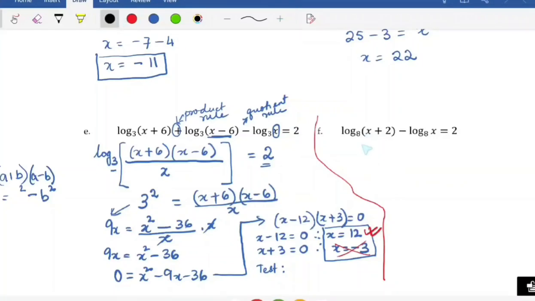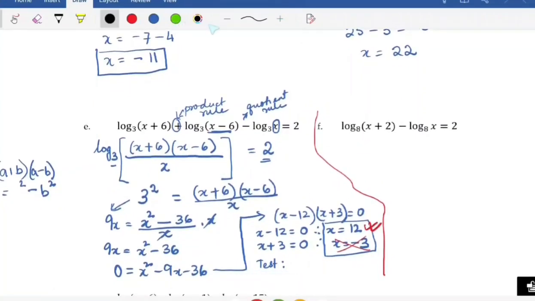I'm going to write log base 8 to start with. And then we have a minus sign between the two terms, so that would imply we have to use the quotient rule, correct? So it's going to be x plus 2 in the numerator and this x in the denominator. Okay, and on the other side we are going to have the 2.